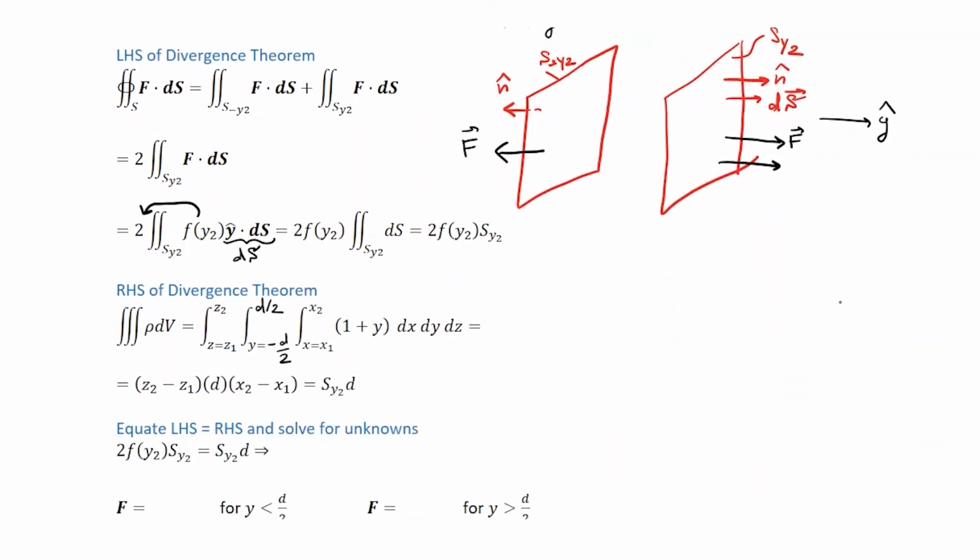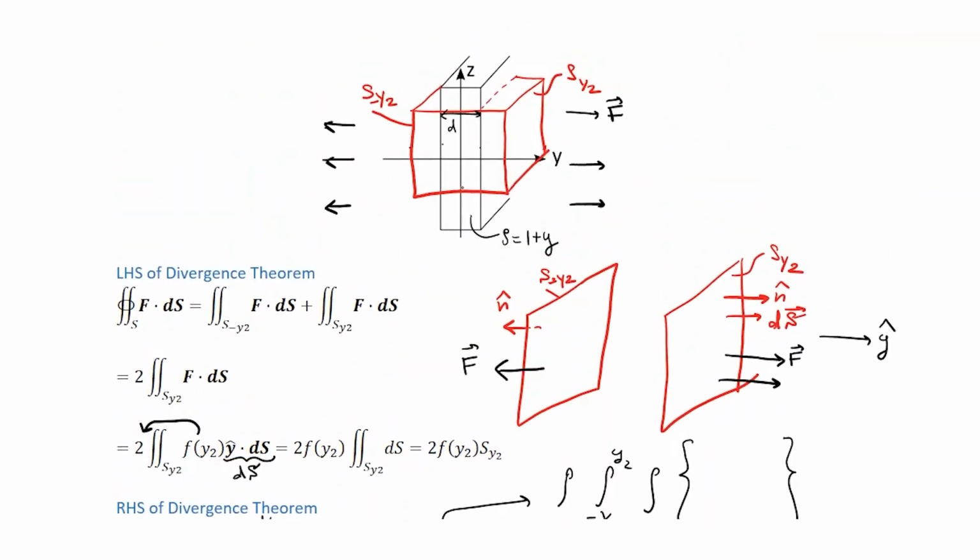The reason why is this. When you set up this integral, this v here, which I totally forgot to label, sure, it goes from y1 to y2, or negative y2 to y2. If you want to put negative y2 here and y2 here, you can do that, but then in the integrand, you need to be aware of the fact that the density is non-zero only from negative d over 2 to d over 2.